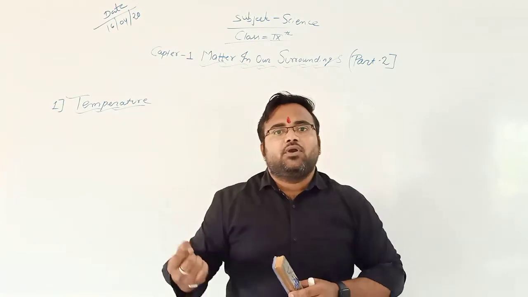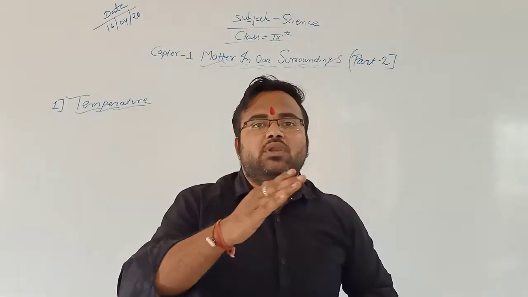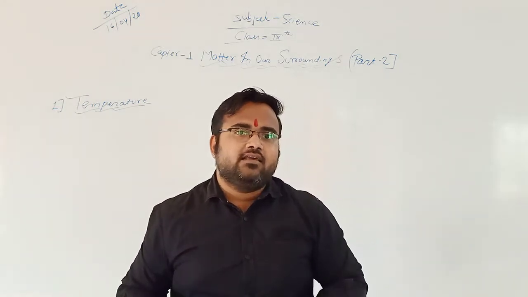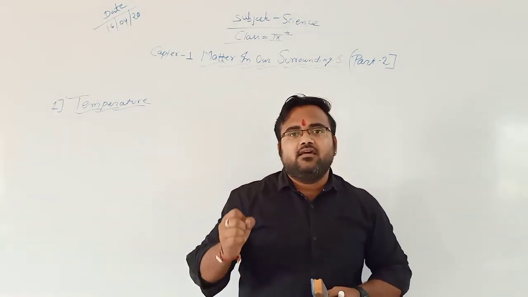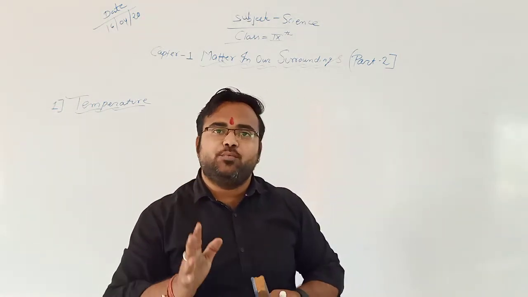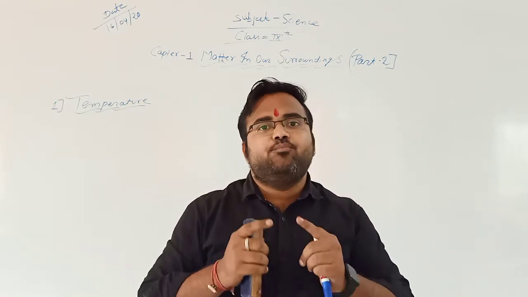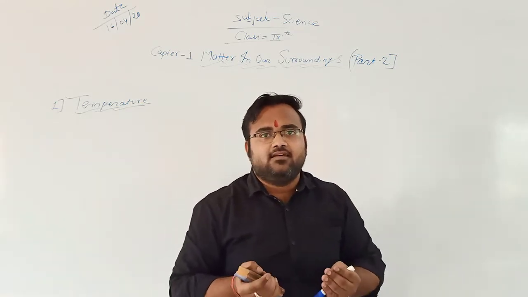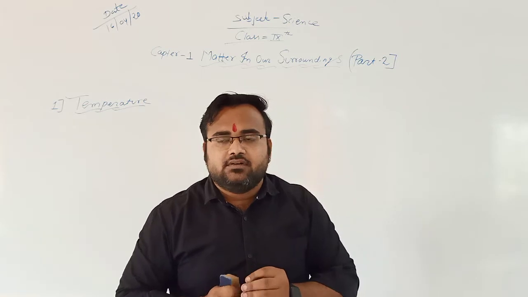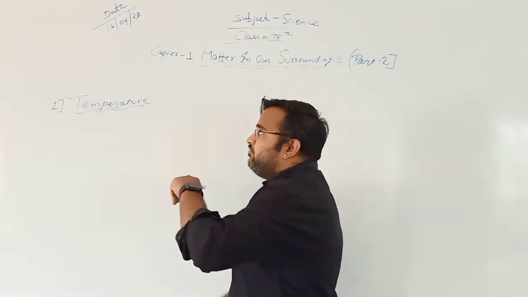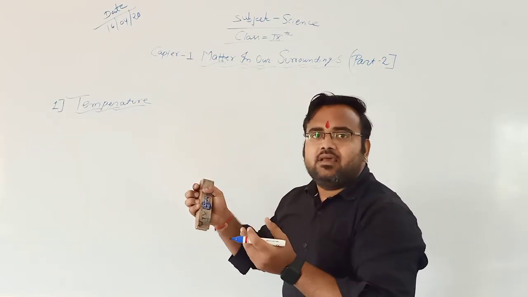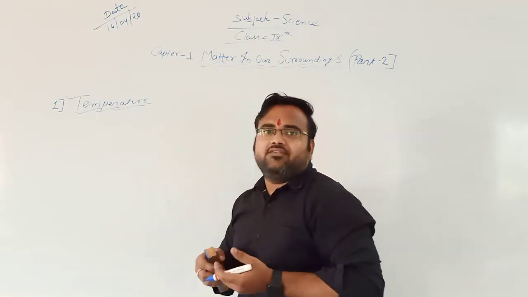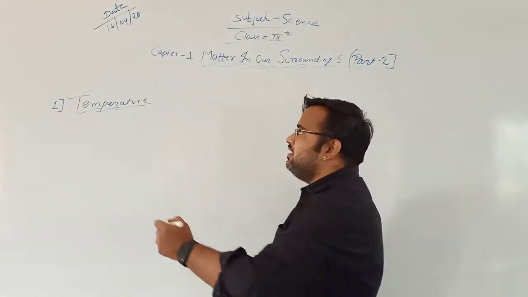Temperature plays a very important role in the conversion of solid to liquid and liquid to gas. As the temperature increases, the kinetic energy of the particles increases. They move very fast in a random motion. Clear?